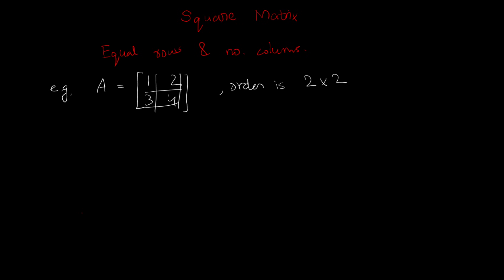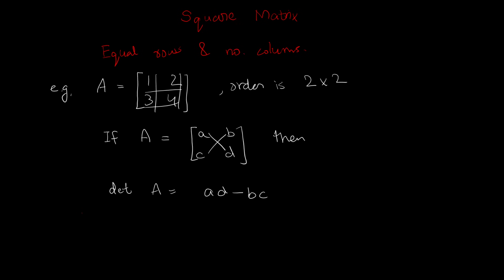And the special thing about square matrices is that you can find the determinant very easily. Hence, the determinant of A is A times D, the diagonal, minus B times C. Yeah, that's straightforward.